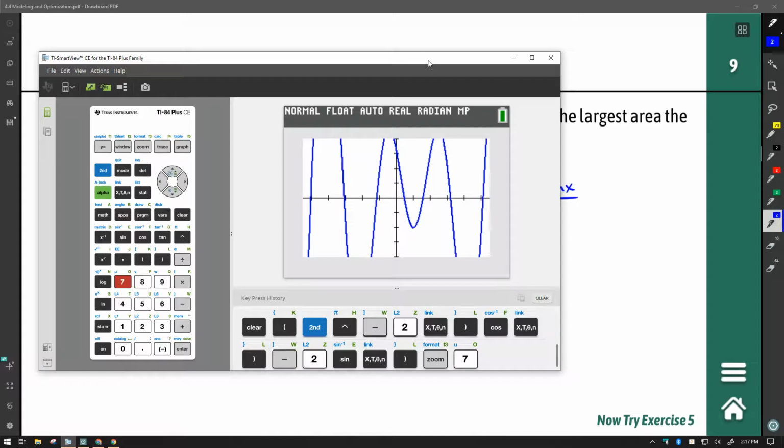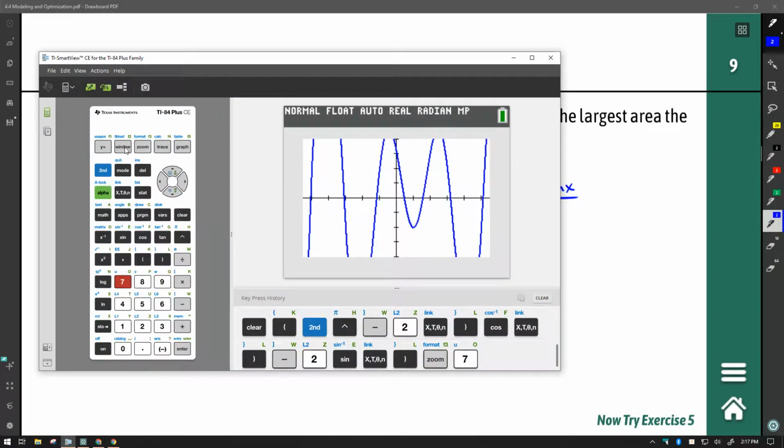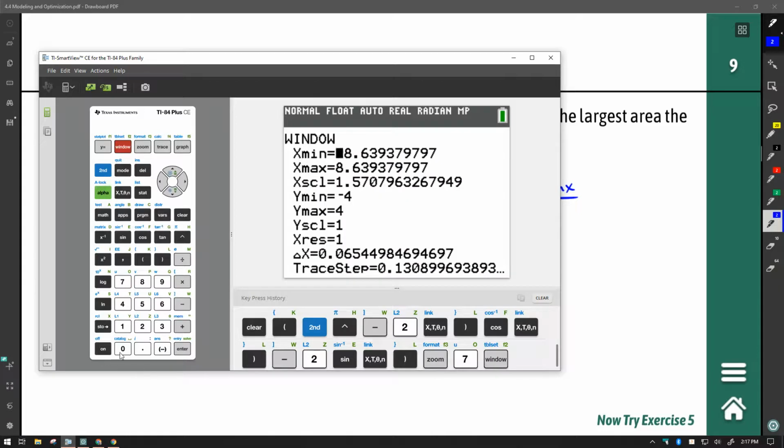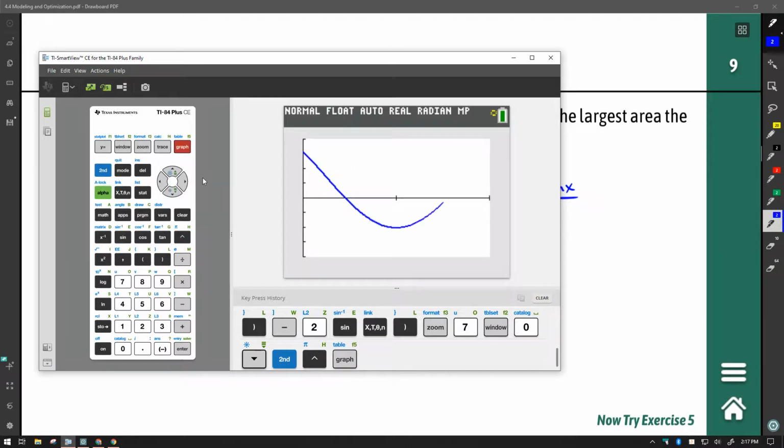Notice that our x value occurs somewhere between 0 and pi. So let's go back to our calculator and change that window a little bit so that our x-min is 0 and our x-max is pi, and maybe this will help out a little.